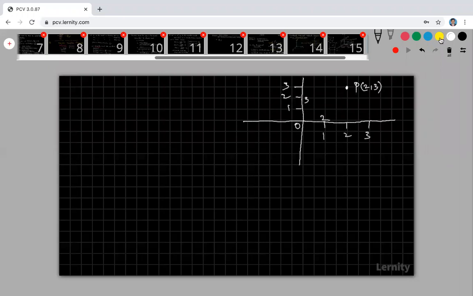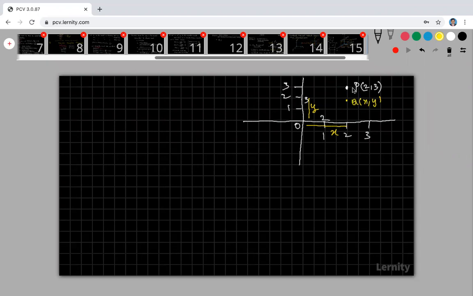Are you okay, Rahul? Suppose I am taking another point Q here. So Q of x comma y means this distance you can take as x, and this distance you will take as y. So this is a point.